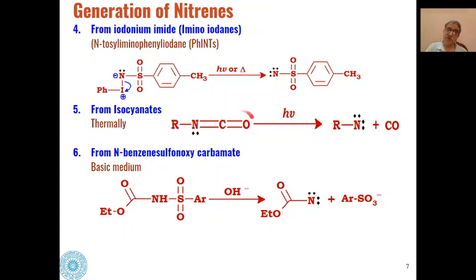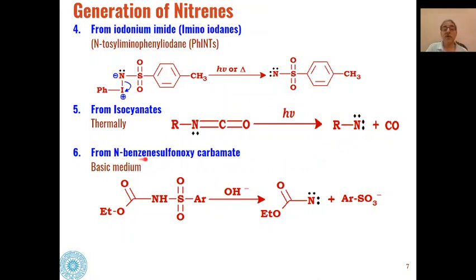So one molecule of carbon monoxide is removed from here. We know that carbon monoxide has a carbon-oxygen triple bond. So two electrons from here will be shifted to the carbon monoxide, and one molecule of carbon monoxide is formed, and alkyl nitrene is formed as the intermediate.